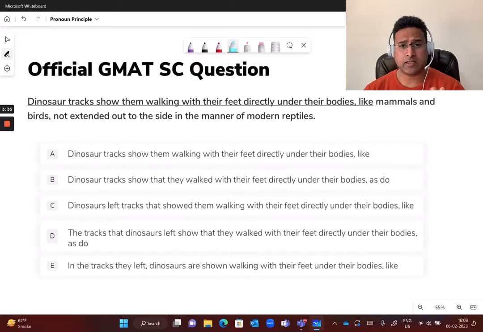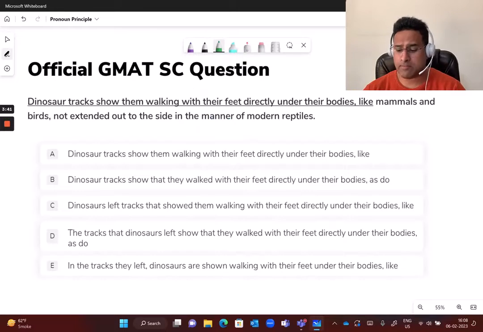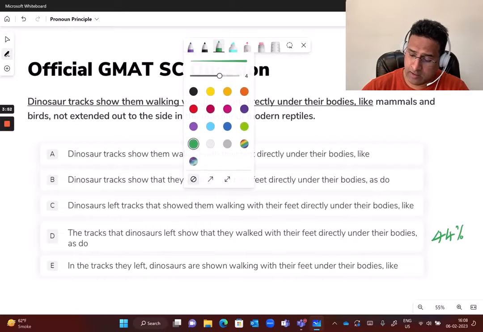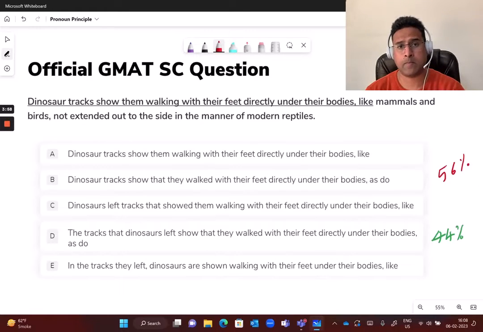Now, let's take a look at what the statistics have to say. Of all the people who've attempted this question on GMAT Club, only 44% have gotten it correct. In other words, a whopping 56% get this question incorrect, or a whopping 56% eliminate answer choice D, the correct answer.